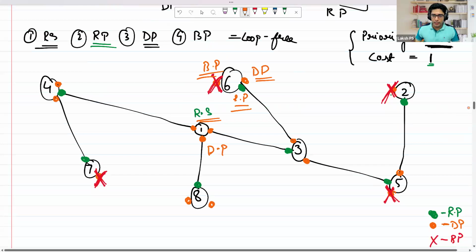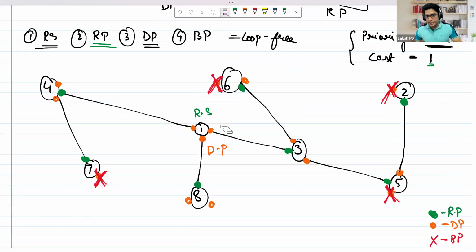How do they communicate about their MAC addresses? Until and unless all these switches in the topology know about each other's priority and each other's MAC address, they cannot make this decision of whether it is a root switch or a non-root switch, whether it should be a root port, designated port, or a block port, right? So some kind of information or messages is being exchanged between these switches. That is why they are able to make these decisions or elections, right?